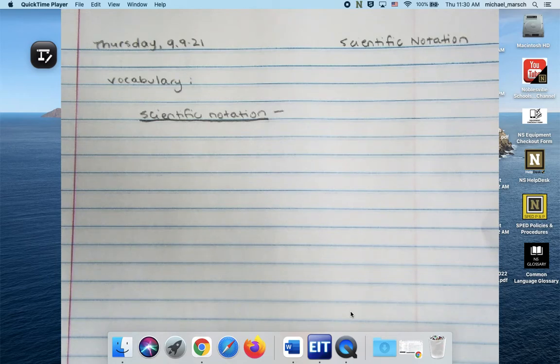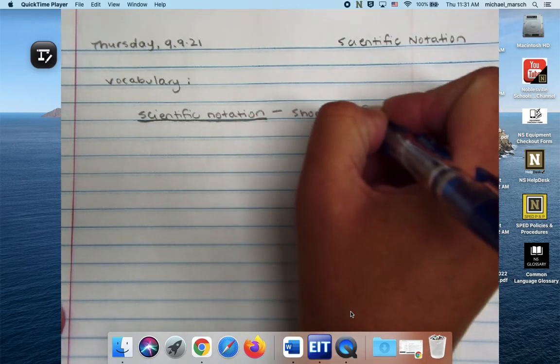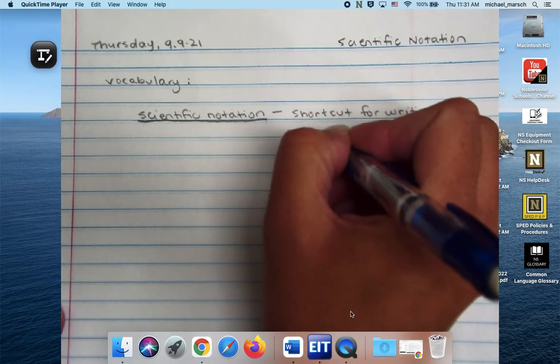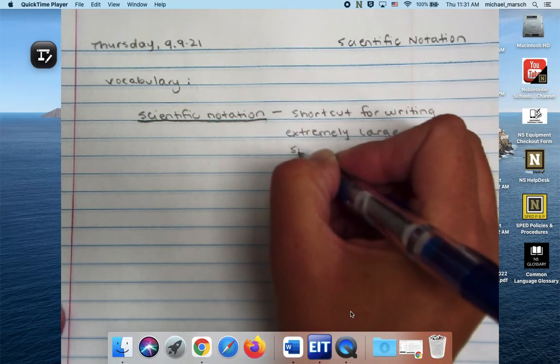Why is it a thing? Why is it something that mathematicians and scientists use? Sophia? Like calculate either very big numbers or very small numbers. You don't even have to do any calculation really. It's just a shortcut for how to write very large or very small values. So it's a shortcut for writing extremely large or small values.